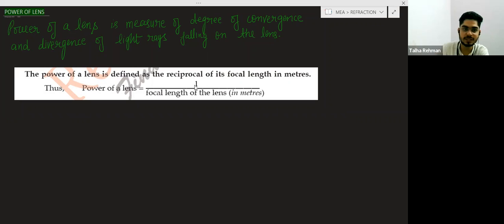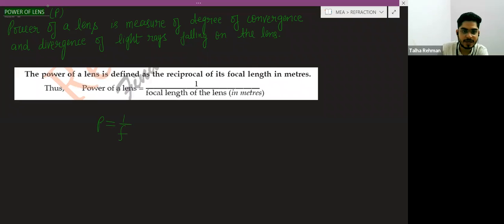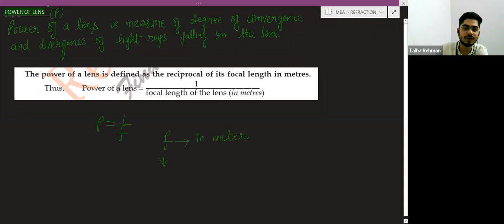I will represent power with P. So power of a lens is given by P equals 1 upon f, and this focal length f should be in meter. What is f? f is the focal length.